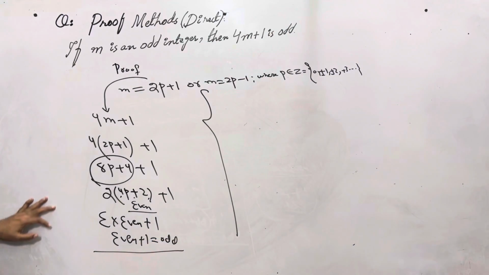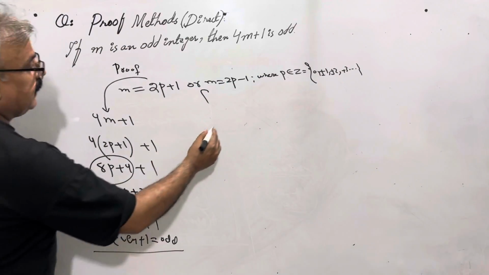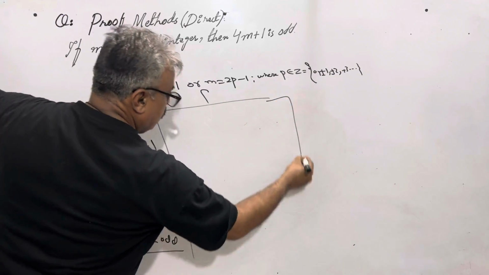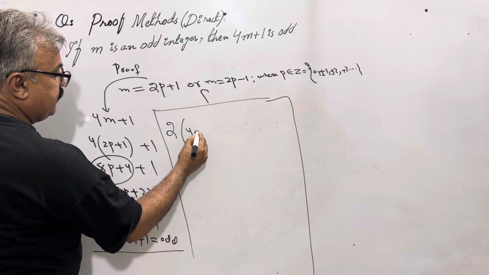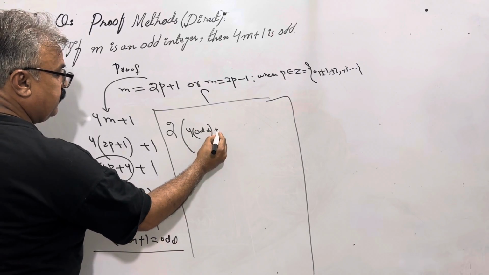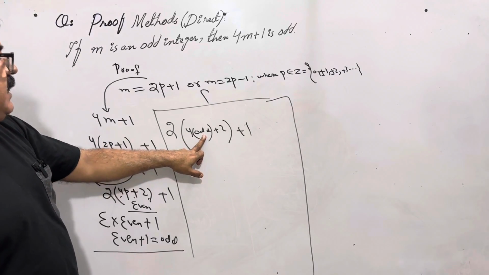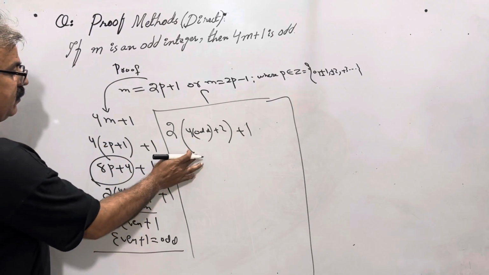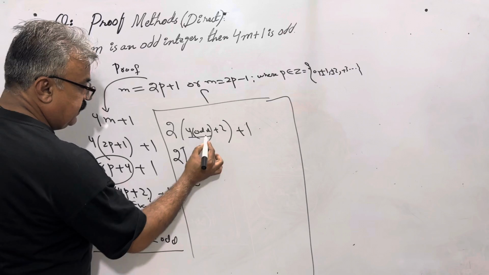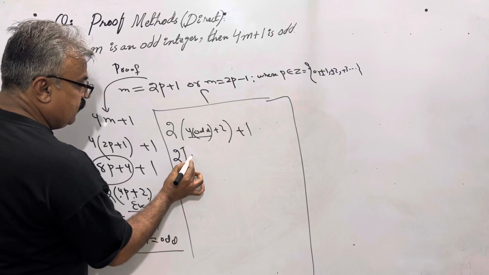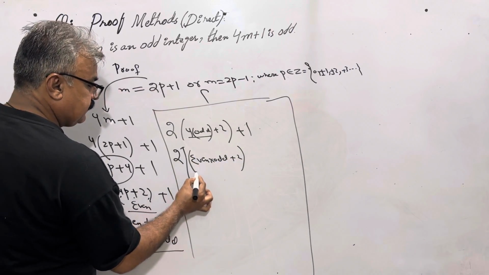If you have any doubt about the value of p, let me elaborate both conditions, whether p is even or p is odd. Here, 2 times (4 times an odd number plus 2), and here plus 1. 4 times any odd number: 4 is even, so even times odd, plus 2, and here plus 1.